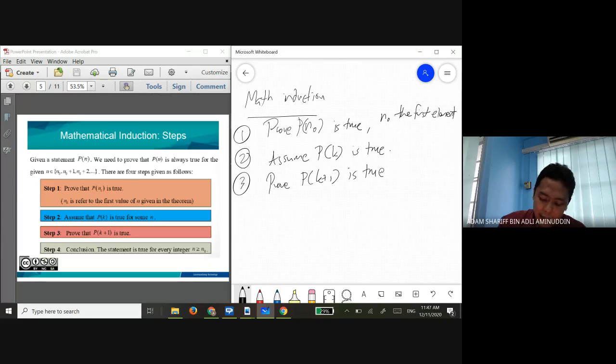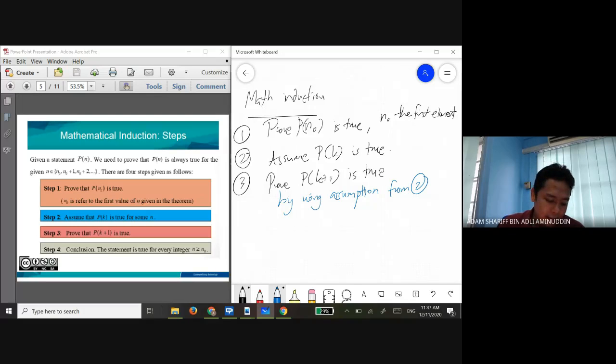Let me add here the key point: prove P(k plus 1) is true by using the assumption from step 2. The failure of my students to prove step 3 is that they always neglect step 2.